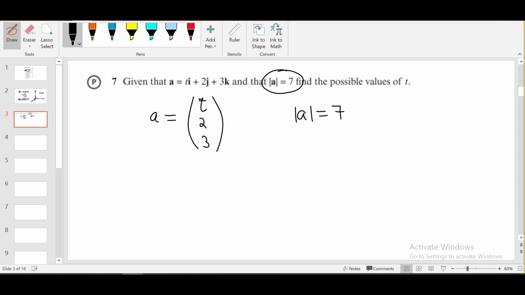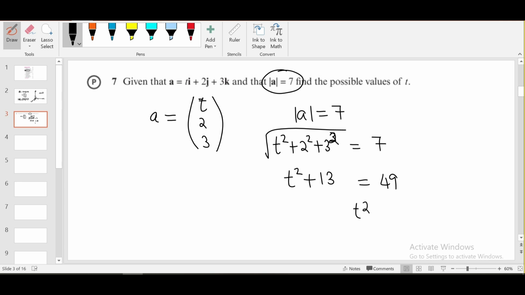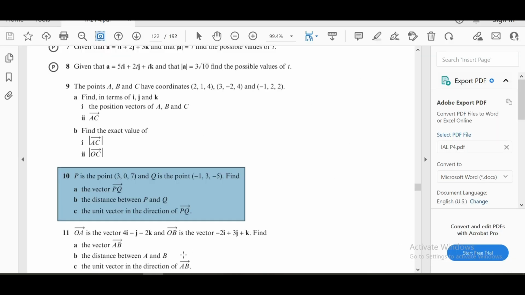So you can write modulus A as the square root of t square plus 2 square plus 3 square, which is 7. Square both sides. This becomes 7 square. Here the square root will be gone. You will get t square plus 3 square is 9 plus 4, 13. So t square is equal to 49 minus 13, which is 36. t is equal to plus or minus 6. Can you copy this? Okay, I have it done.